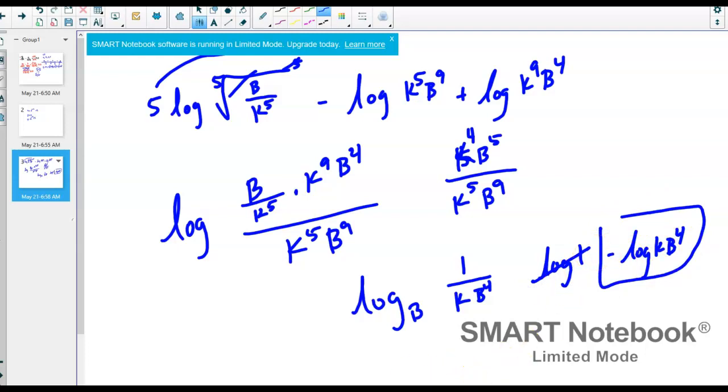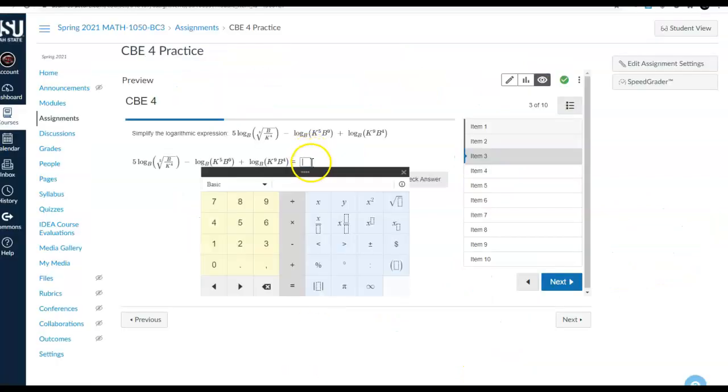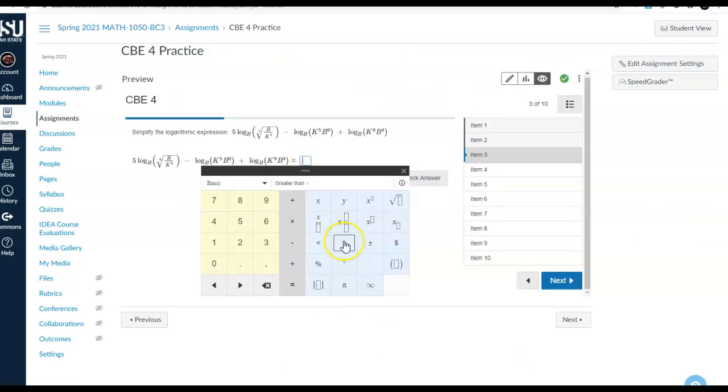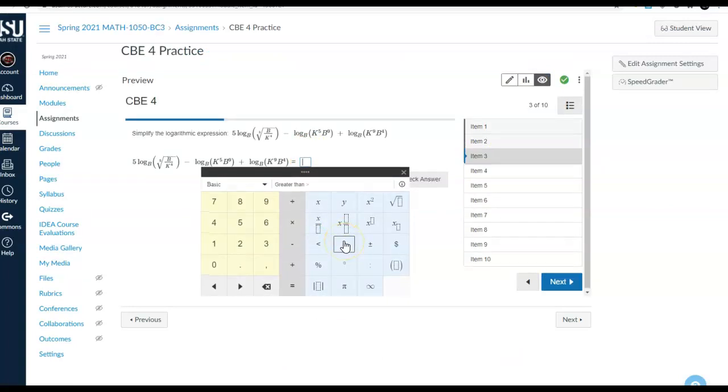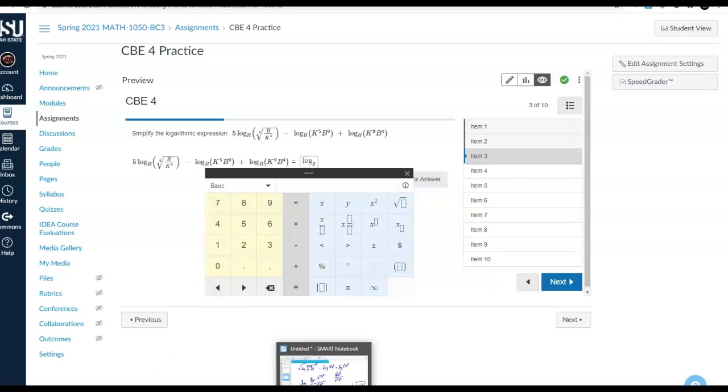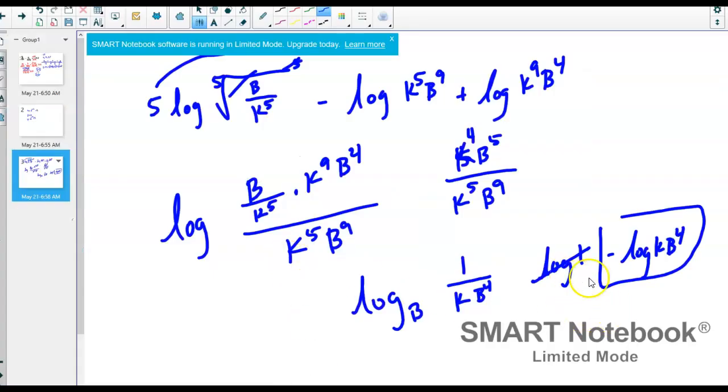Okay? Let's look here. Let me go type this in here. Okay, hold on just a second. So yeah, we're just going to type this in. We're going to just log base B, or negative log base B of K B to the 4th here.